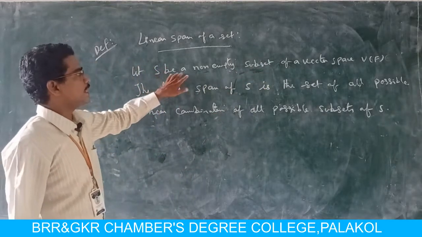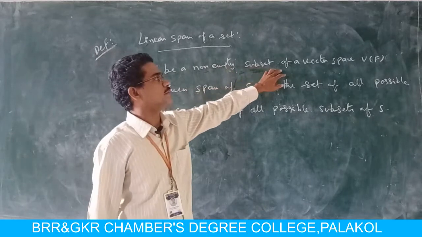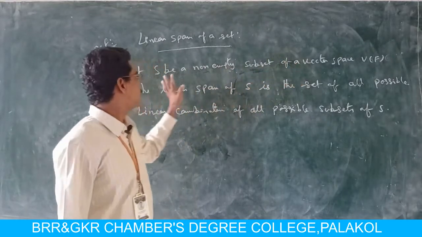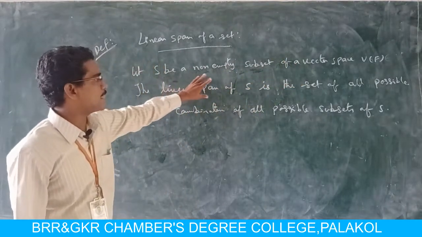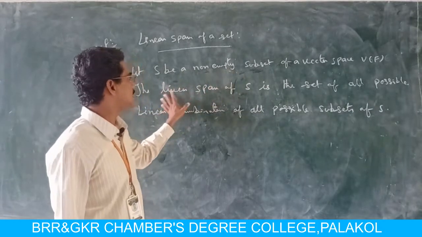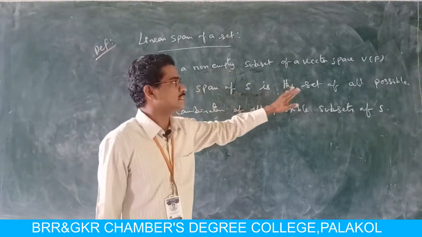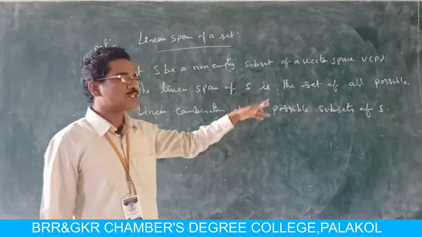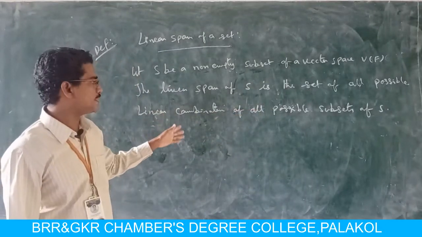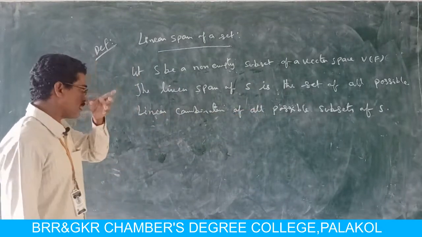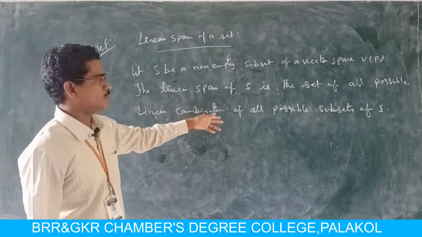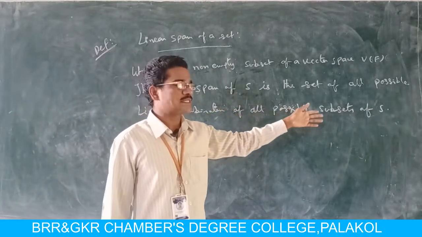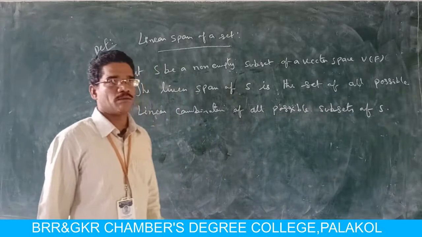Then, S be a non-empty subset of a vector space V(F). Then the linear span of S is the set of all possible linear combinations of all possible subsets of S.